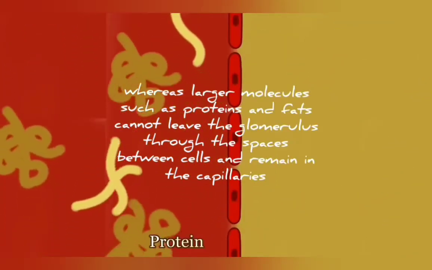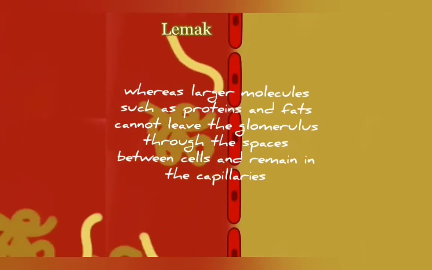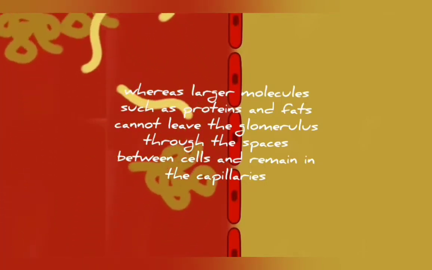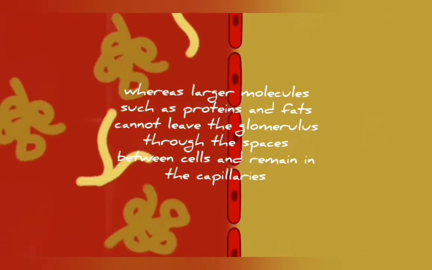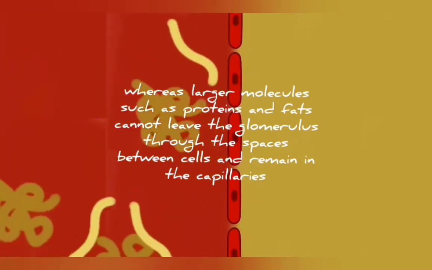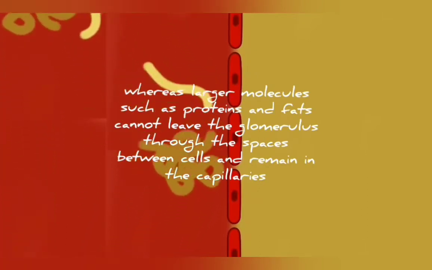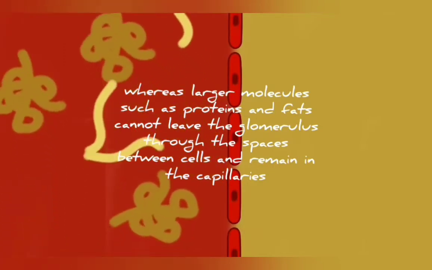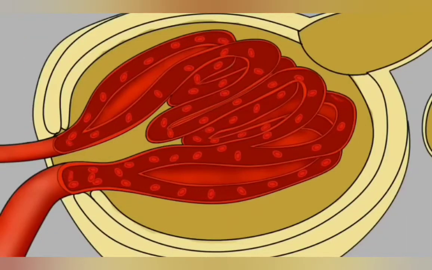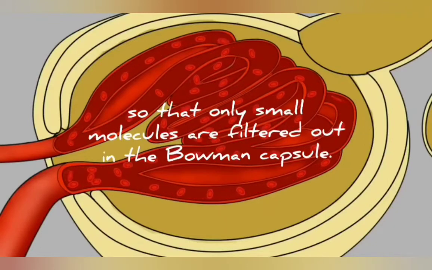Whereas large molecules such as protein and fat cannot leave the glomerulus and remain in the capillaries, so only small molecules are filtered out into the Bowman capsule.